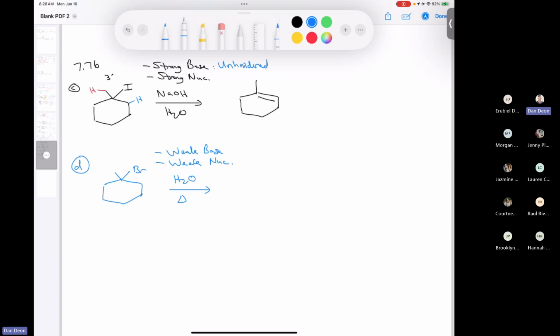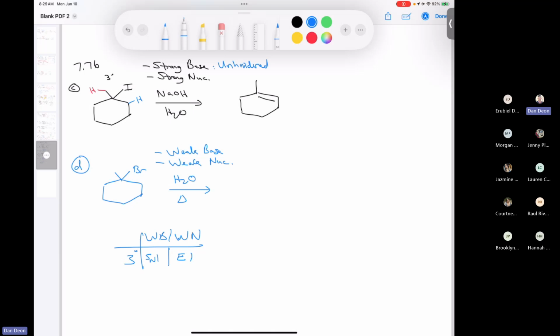So if you look at the chart that's in our textbook, when it has weak base, weak nucleophile, and then it has tertiary alkyl halide, it actually splits it down the middle. It says SN1 and E1. It says 50-50. So let's draw both of the products.